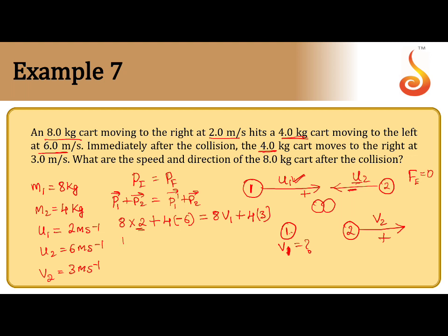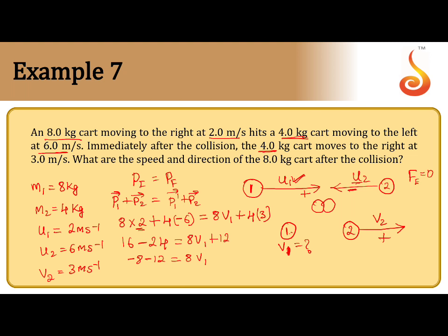So this is 8 twos 16, 6 fours 24, equal to 8 V1 plus 4 threes 12. So 12 comes to the other side. So the answer will become 16 minus 24 is minus 8, minus 12 equal to 8 V1.